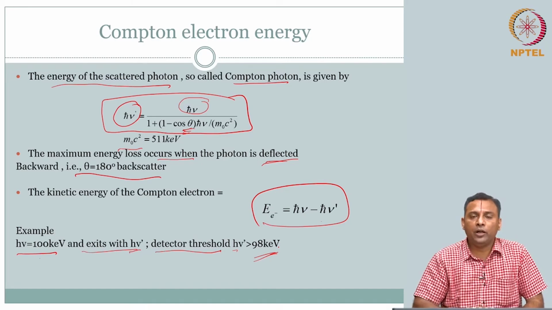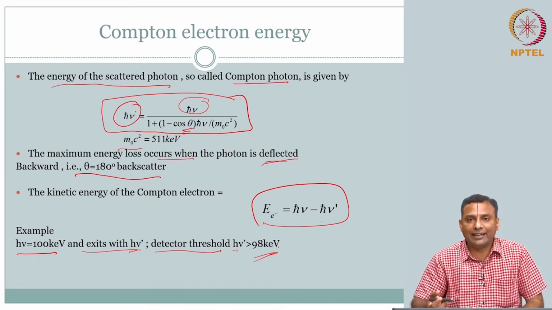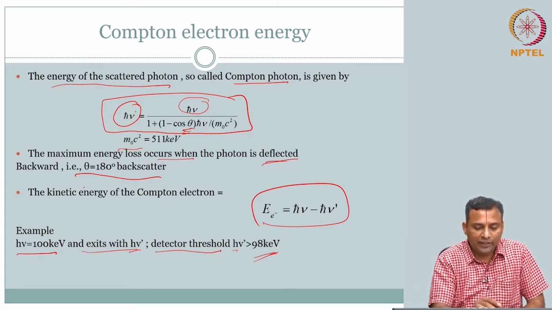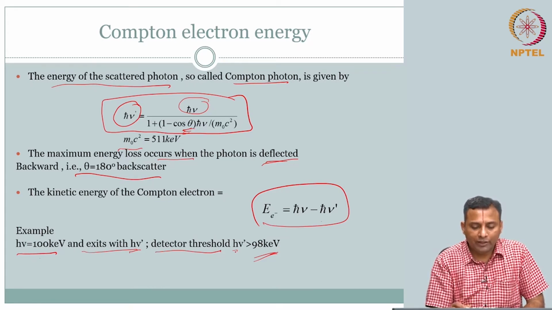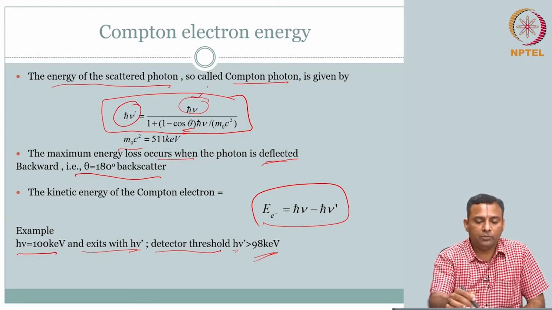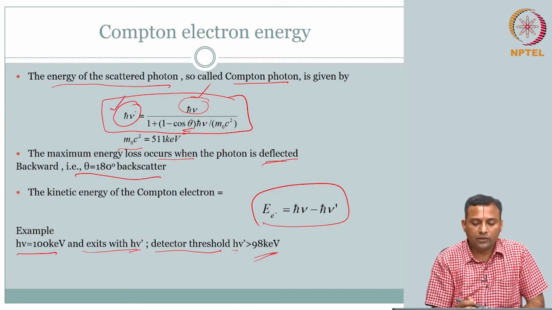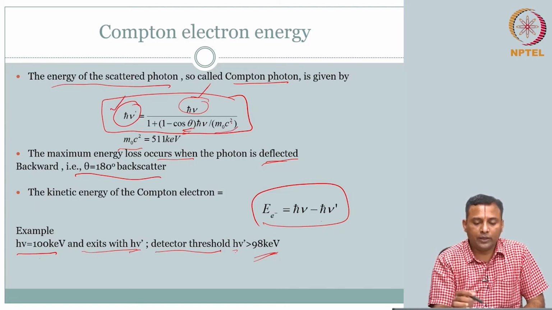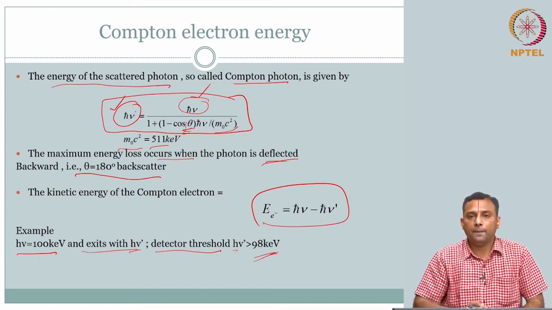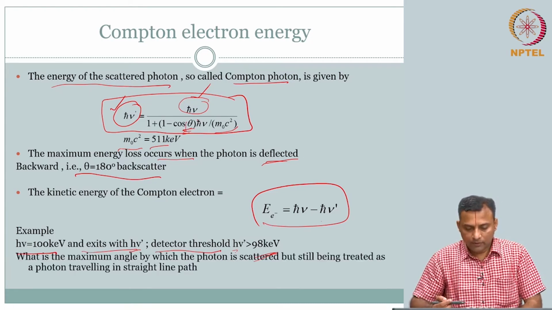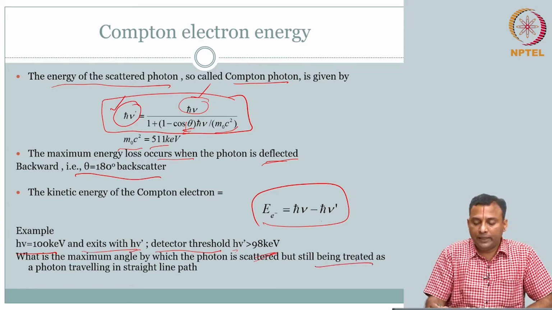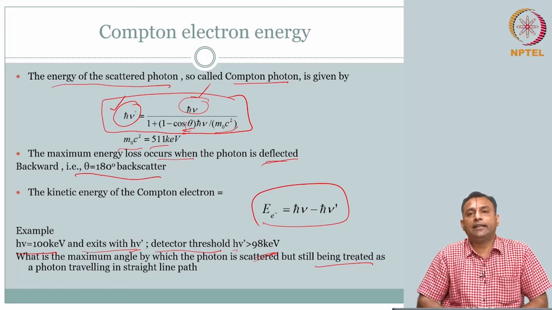I am not going to do it now because it is straightforward, so you will do it. You are given h mu, you are given h mu dash, you know m naught c square, and you have to find theta. So what is the maximum angle by which the photon is scattered but still treated as travelling in a straight line path?